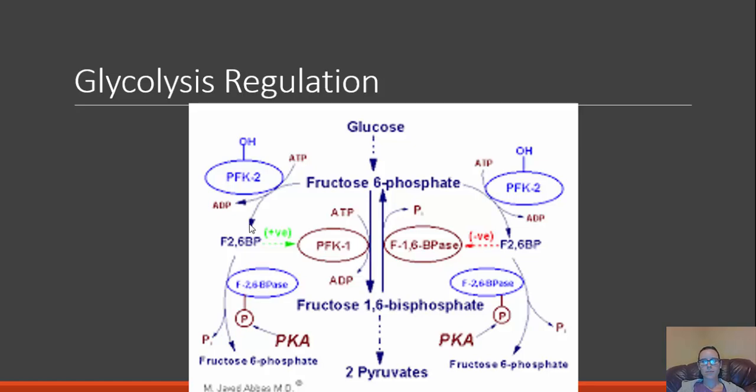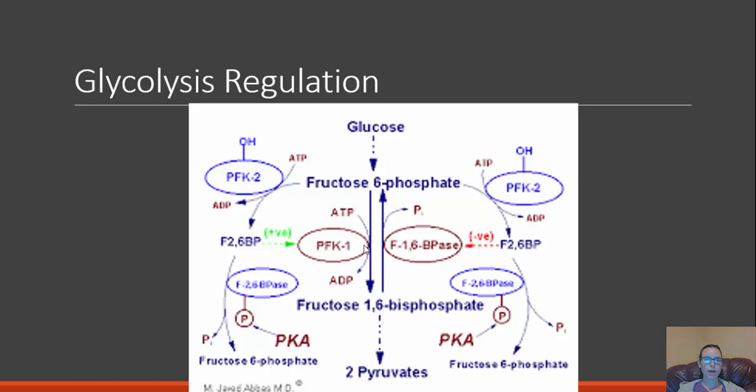When I say a regulator, this type of regulator involves the binding of an effector molecule to a specific site on an enzyme in order to initiate the impact that we want it to have. The major sites of regulation of F2,6BP are on the PFK1 enzyme and also on the F1,6BPase enzyme, both of which catalyze the conversion between fructose 6-phosphate and fructose 1,6-bisphosphate, but in different directions.